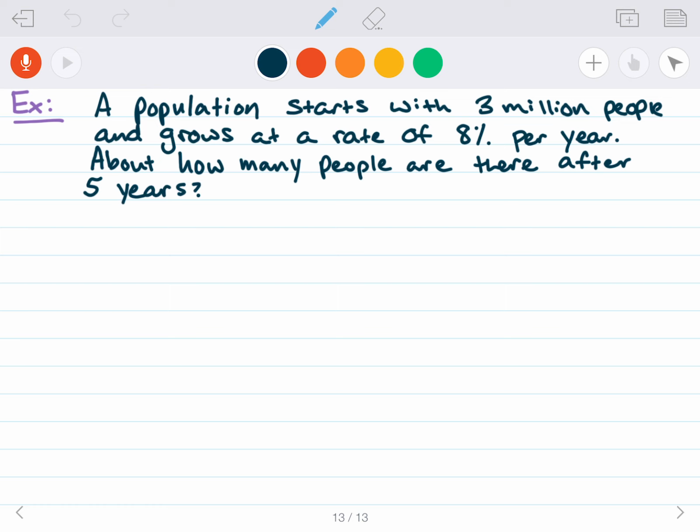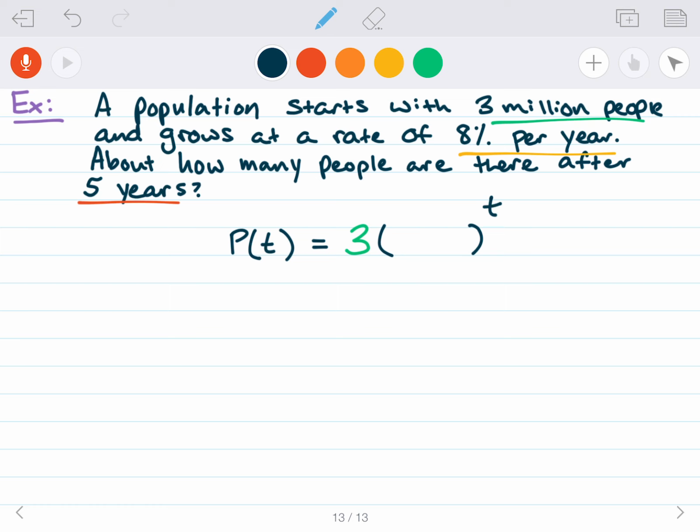All right, a population starts with 3 million people, and it grows at a rate of 8% per year. How many people are there after 5 years? Okay, so the first thing we want to do is create a model, an exponential model. And so maybe we can call this P of t for population as a function of time, years. So P of t, we start with 3 million, so that's our initial value. And our variable's t, so I'll put that right there.